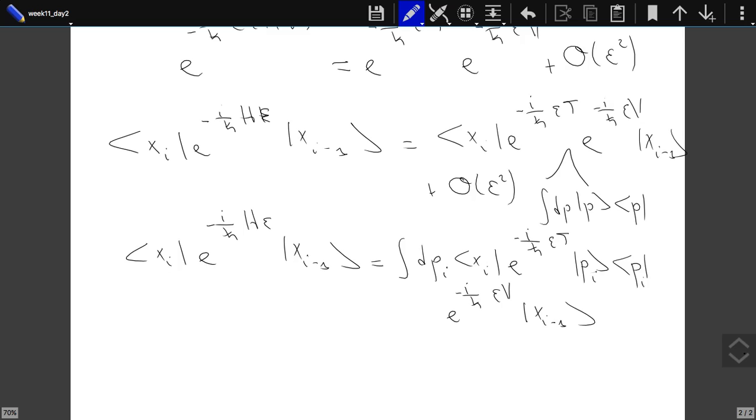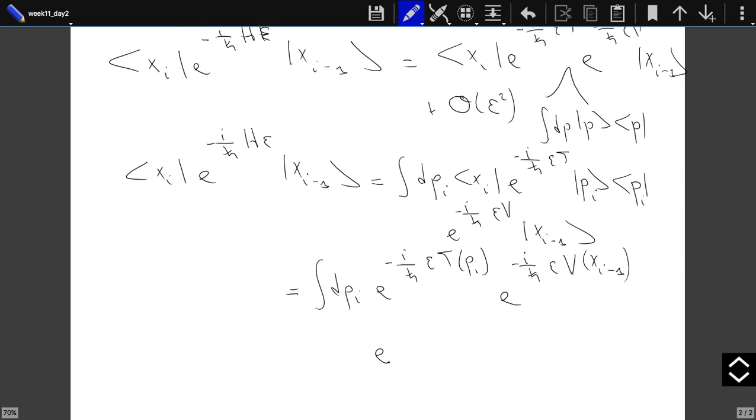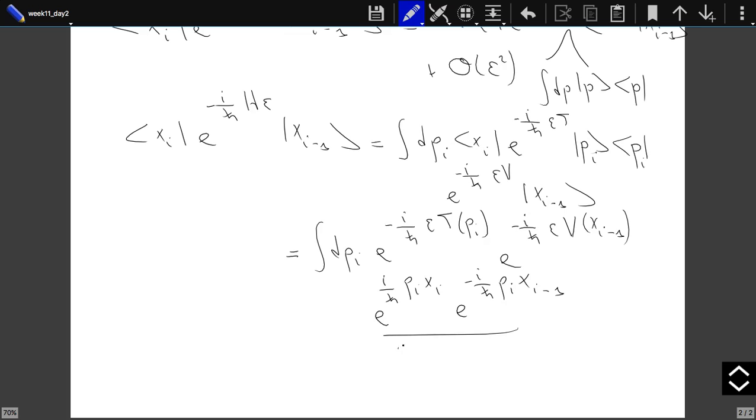And this will become pi, e to the power minus i over h bar epsilon times the kinetic energy corresponding to the momentum pi, times e to the power minus i over h bar epsilon times the potential at the point xi minus 1, times e to the power i over h bar pi xi, times e to the power minus i over h bar pi xi minus 1, divided by 2 pi h bar.